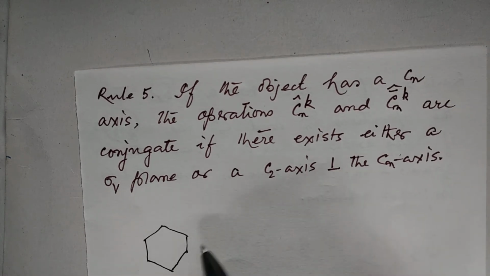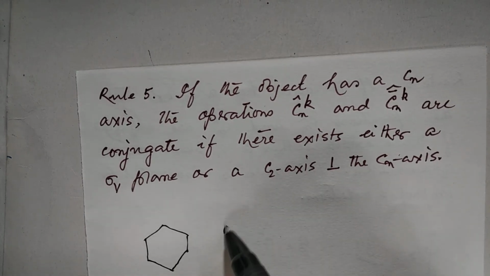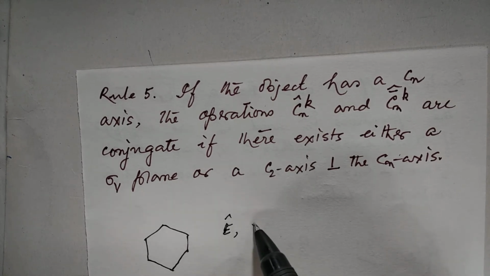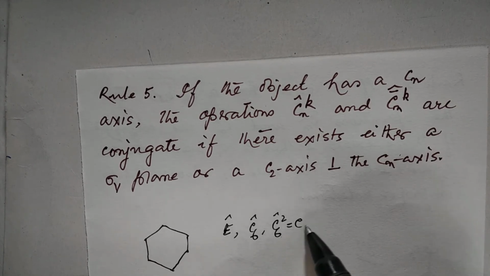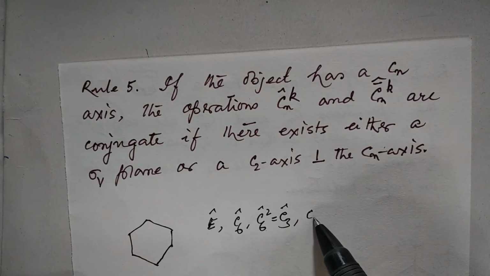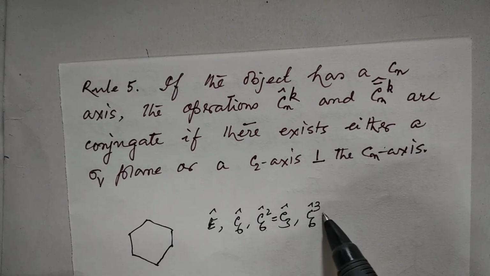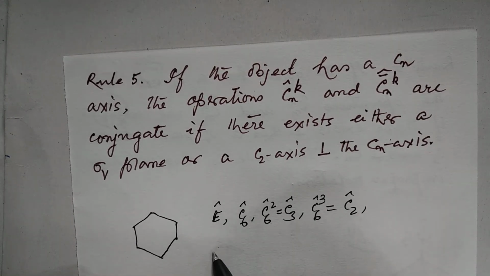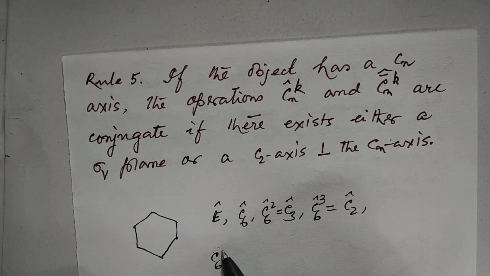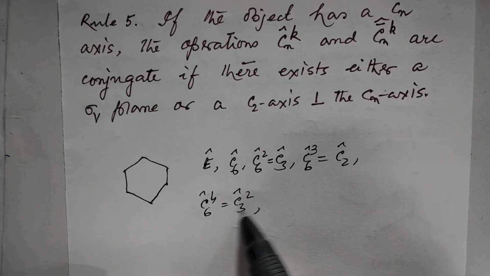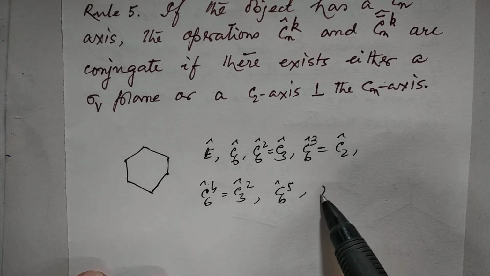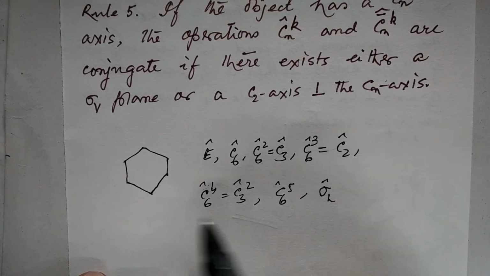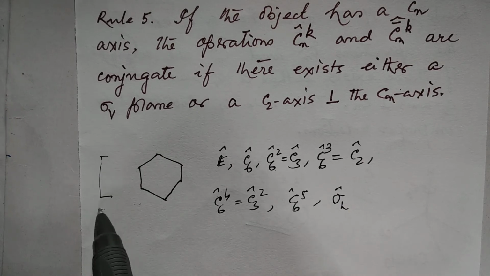Here, the symmetry operators are identity, then C6, C6 square, that is C3, C6 to the power 3, that is C2, C6 to the power 4, that is C3 square, then C6 to the power 5, then a sigma H plane, sigma H operation. Sigma H is the molecular plane.